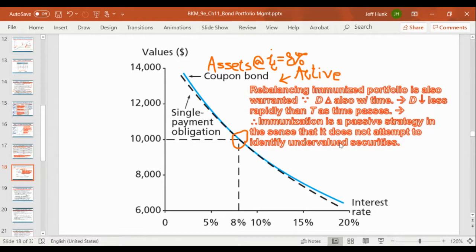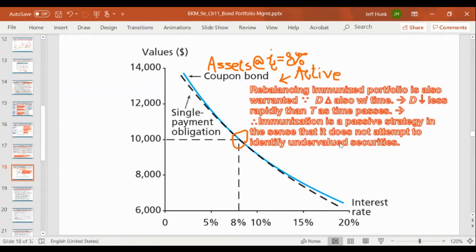Then rebalancing is needed every year. But usually the rebalancing isn't that frequent. It's probably every couple of years. Not every year, right?